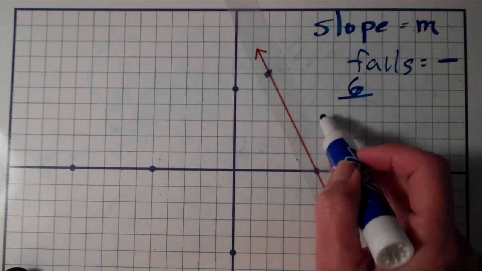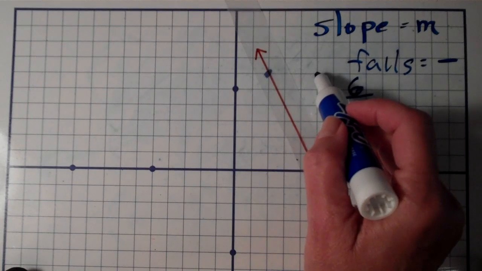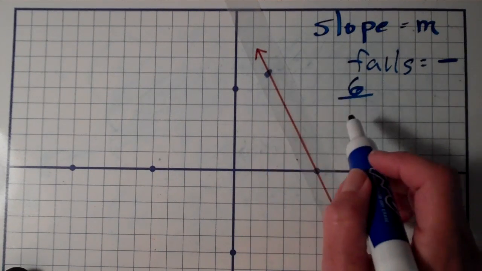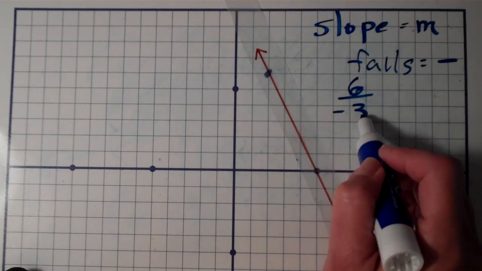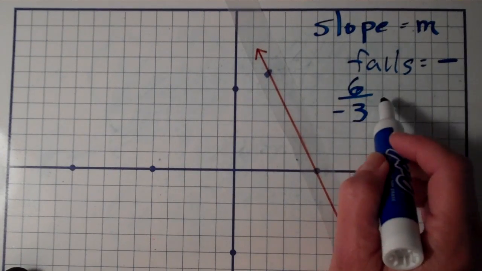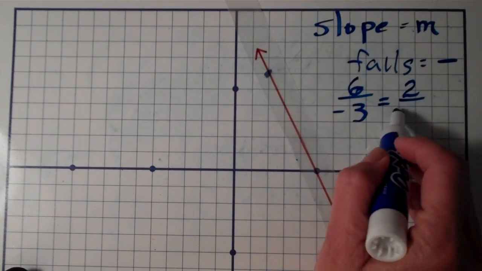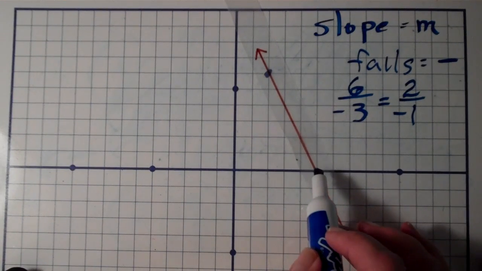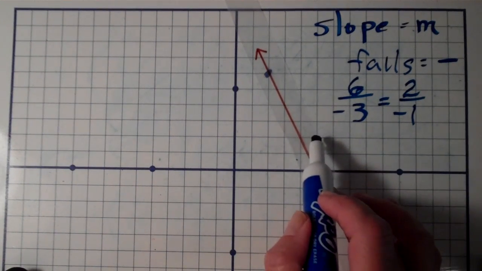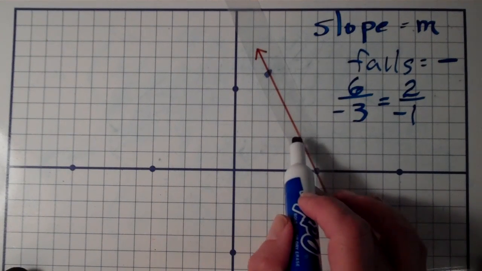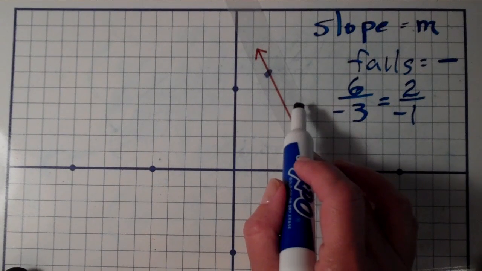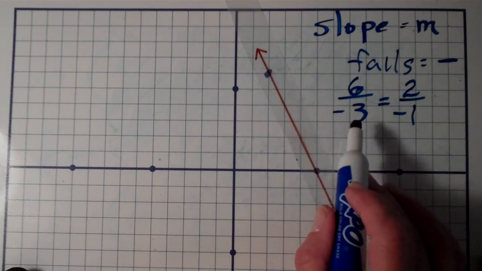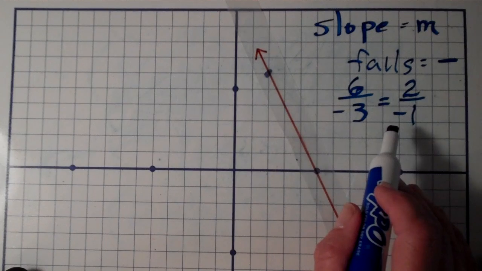And my run is in the negative direction, 1, 2, 3. So my run is negative 3. This would actually reduce to 2 over negative 1. If I went up 2 and over in the negative direction one place, I would be on the line. So this reduces to 2 over negative 1.